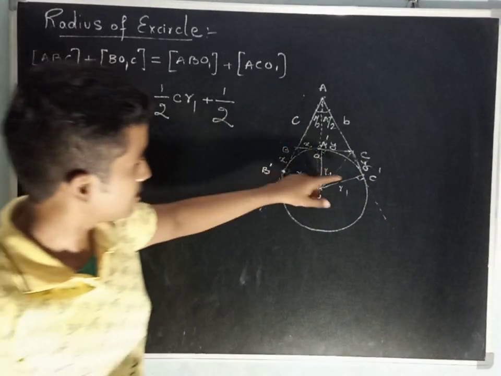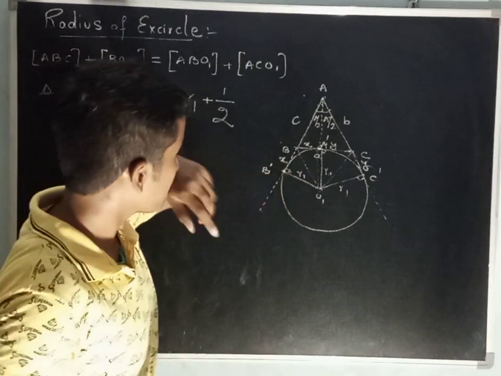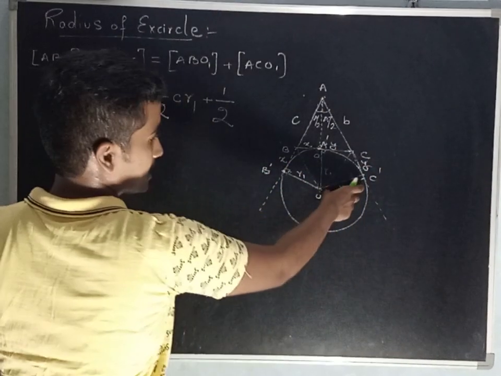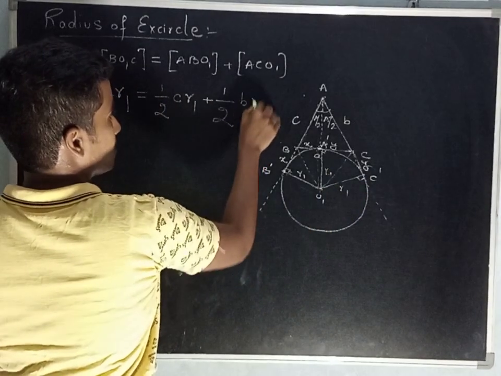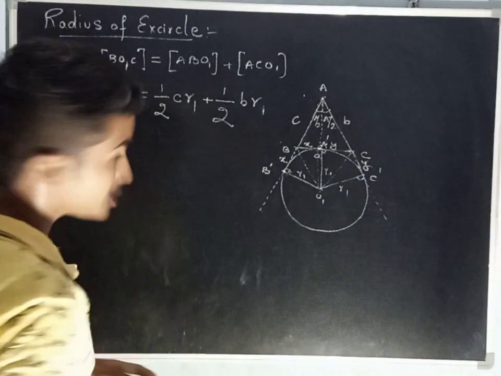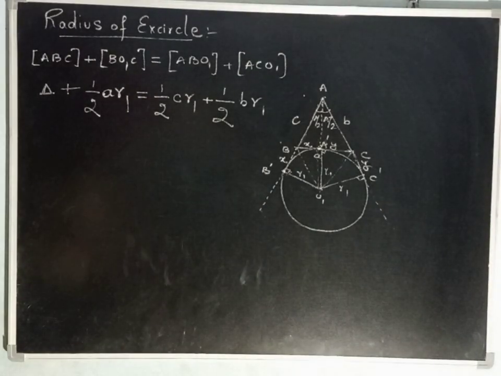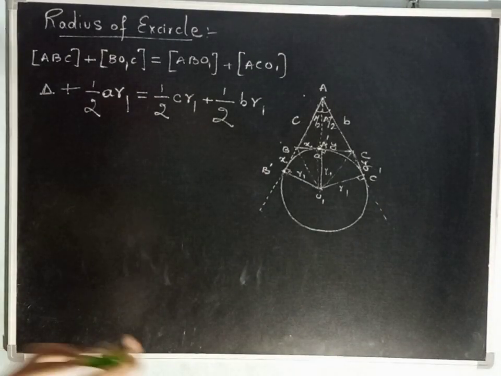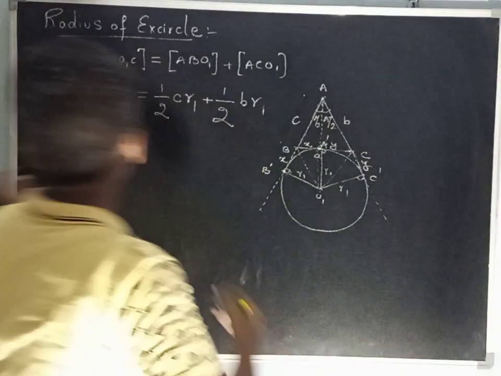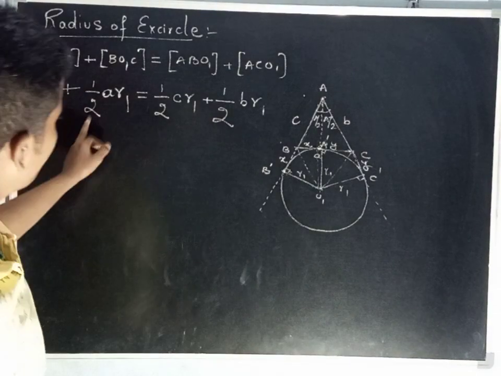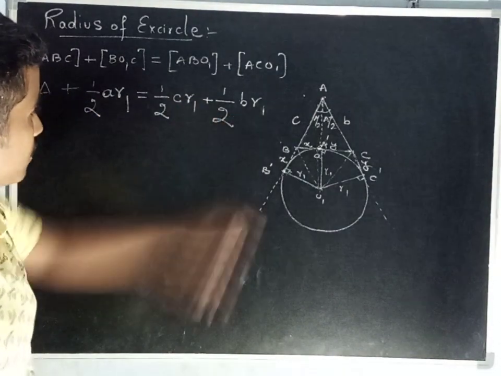Half into base. For this, base is nothing but B and height is nothing but R1. Half B R1. Okay, let's move on further. Area of triangle is nothing but delta plus half A R1 is equal to half C R1 plus half B R1.